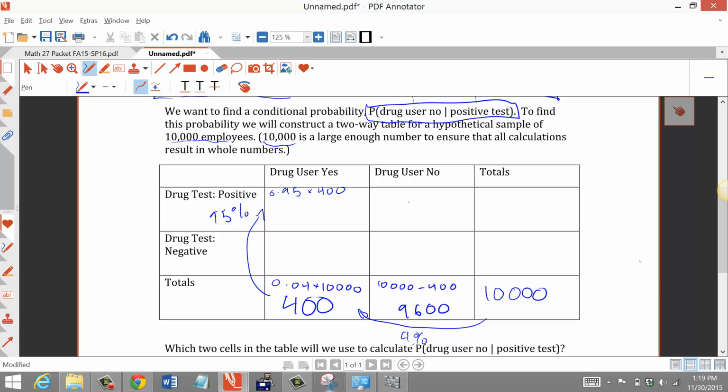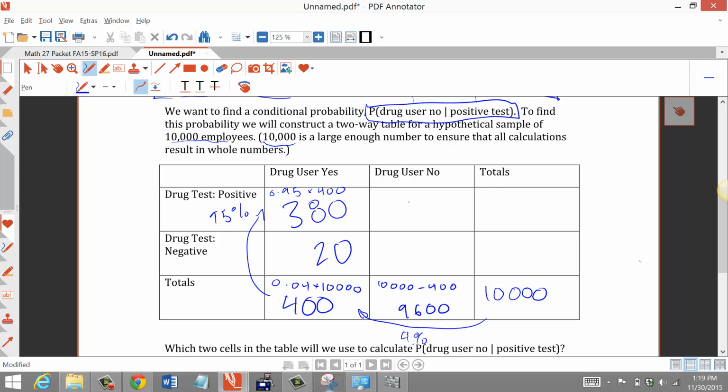I'm going to convert 95% to the decimal 0.95 and then multiply that by 400. And I'm going to get 380. Okay? Now, that means there's 20 people left over. These were all the drug users who lucked out and didn't test positive when they had the drug test.